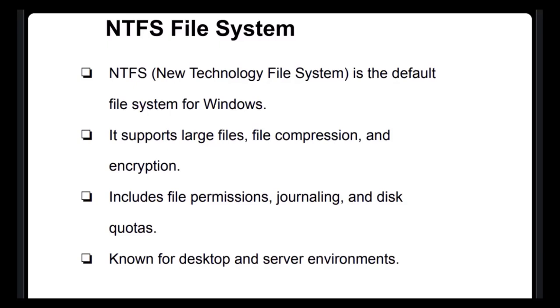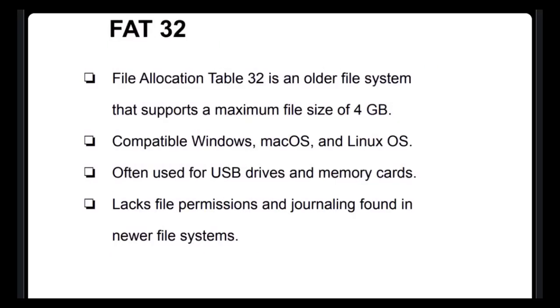Another file system is FAT32. That stands for File Allocation Table 32. FAT32 is the file system that we used in the 32-bit versions of Windows, Mac OS, and Linux operating systems.